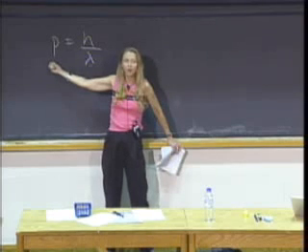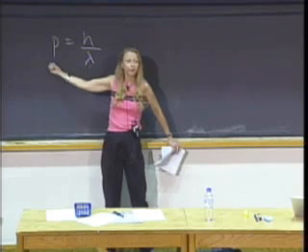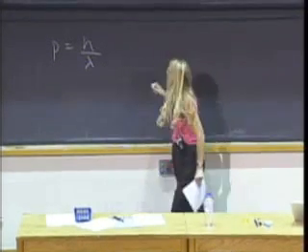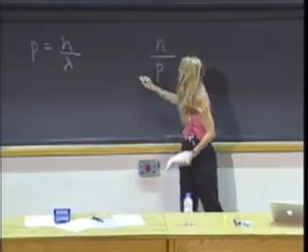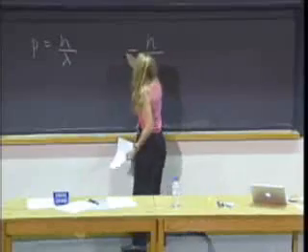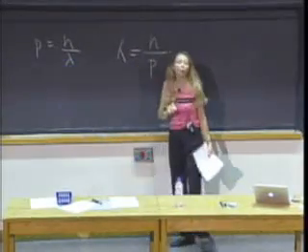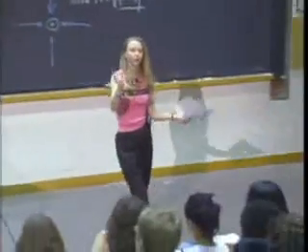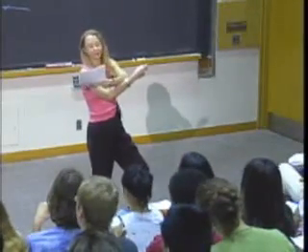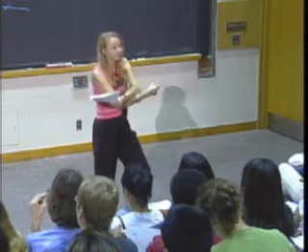But since those equations also apply to matter, he then said, well, if you have a particle with momentum p, that particle ought to have a wavelength lambda. He turned Einstein's relativistic equations of motion around.